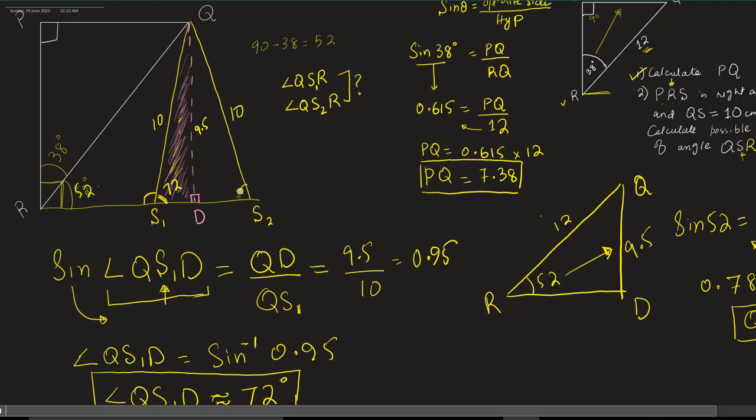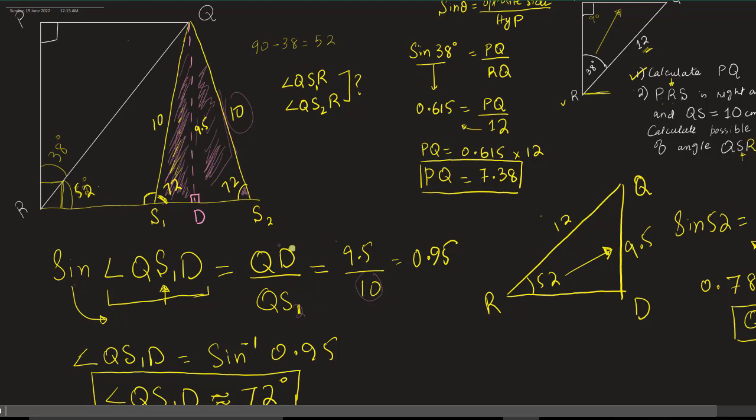Now can you guess which would be this angle? Of course it's 72. How? Because when we are focused on this area, that means we need to find this angle, and the opposite side of this angle is again QD, which is 9.5, and the hypotenuse is again 10, QS1, or let's say QS2, so 10.